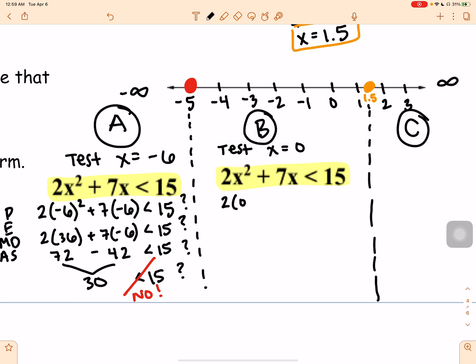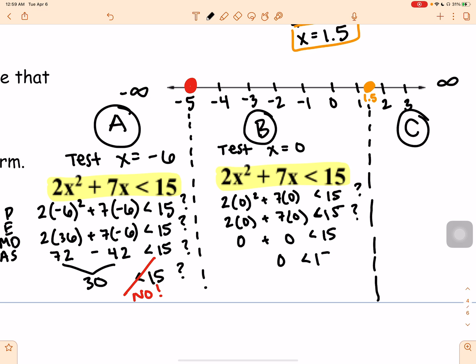So we have 2 times 0 squared plus 7 times 0 less than 15. 0 squared is just 0. 2 times 0, again, these are all question marks, right? 2 times 0 is 0 plus 0. Is 0 less than 15? Yes, it is. All right, so I know that I will have a shading in here.